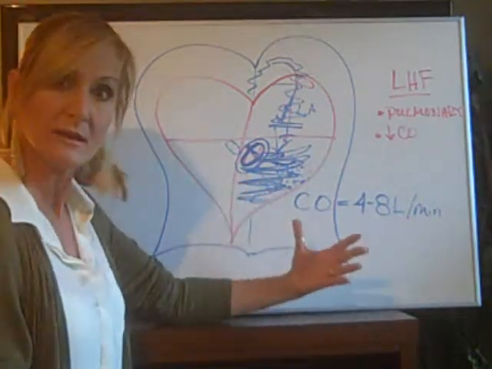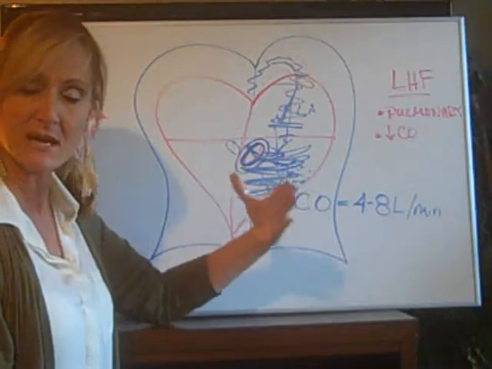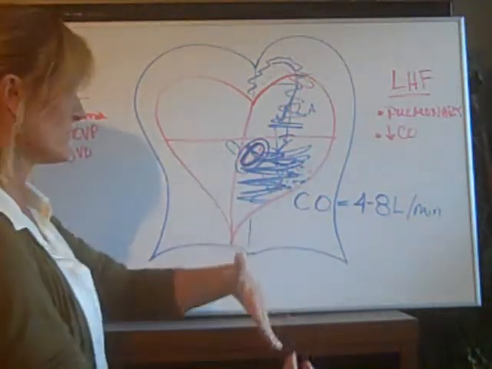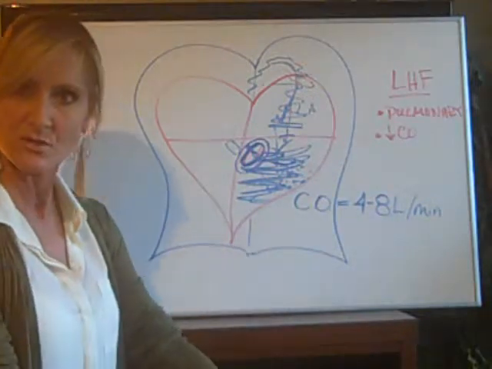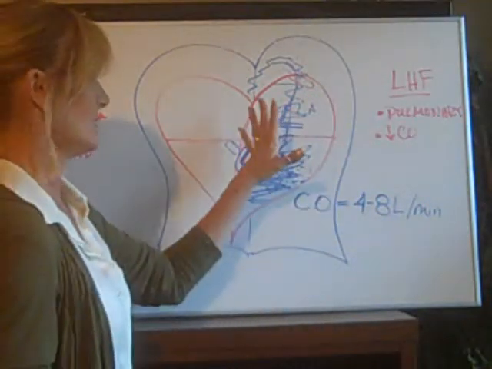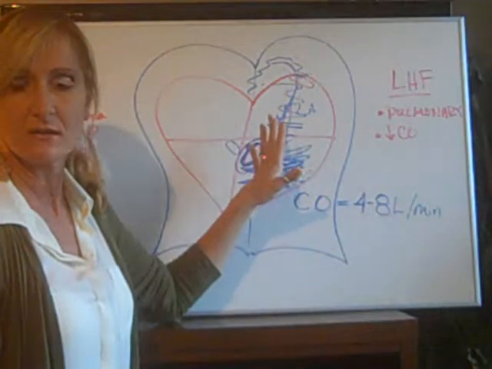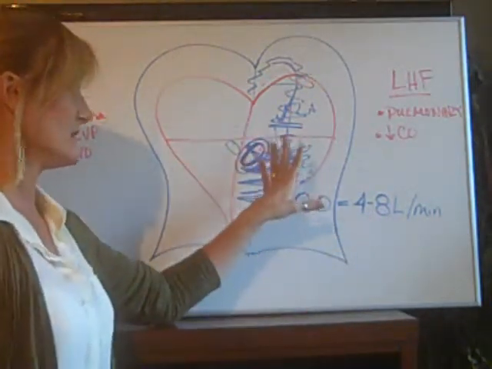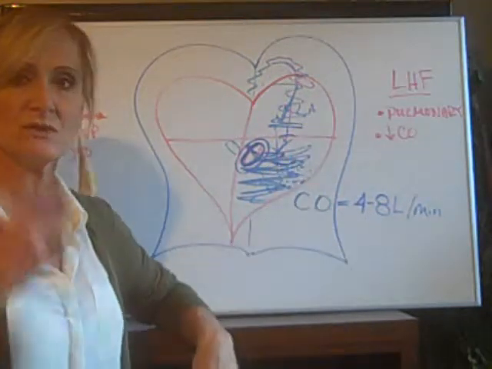So that's another way, is to put your patient on a medication that will reduce afterload. So you want to reduce preload and you want to reduce afterload in your patients who have left-sided heart failure.